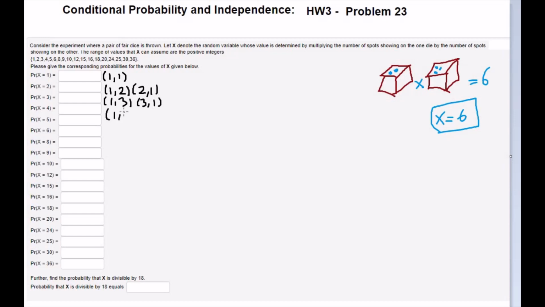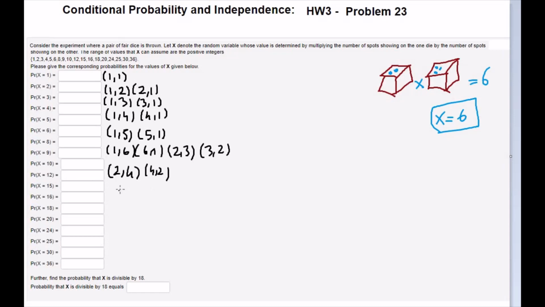For 4, 1, 4 or 4, 1. For 5, 1, 5 or 5, 1. And for 6, 1, 6, 6, 1, 2, 3 or 3, 2. For 8, 2, 4 or 4, 2.